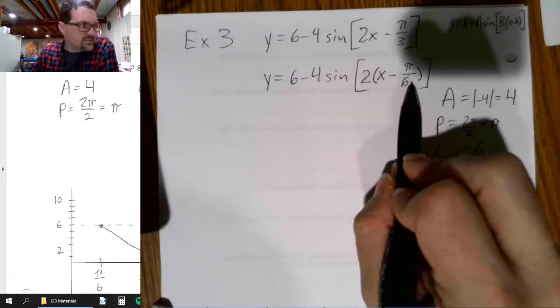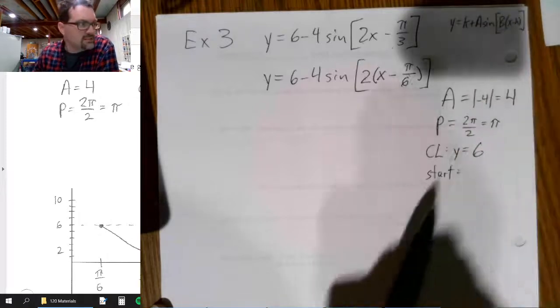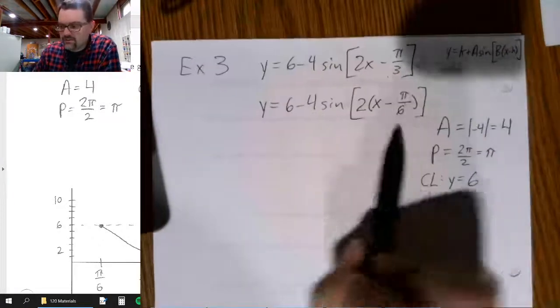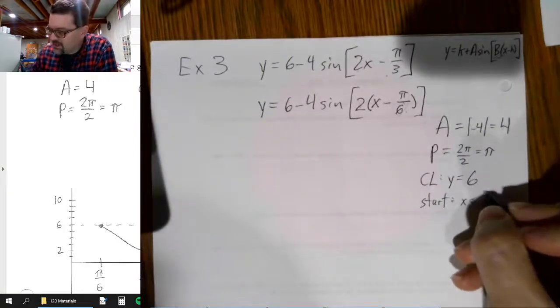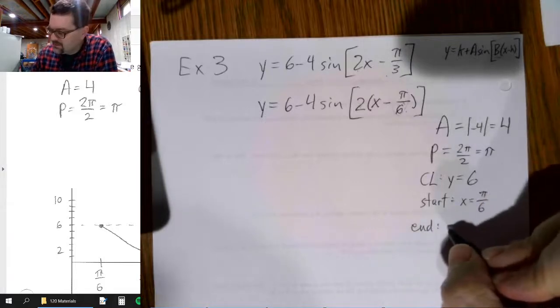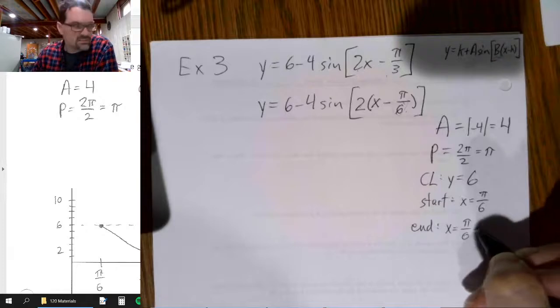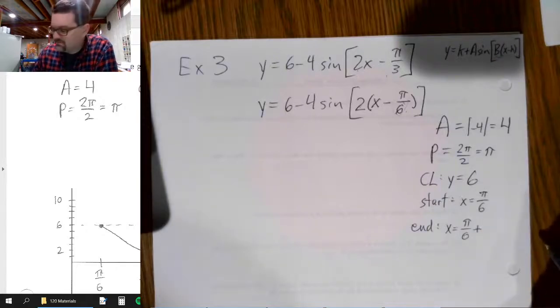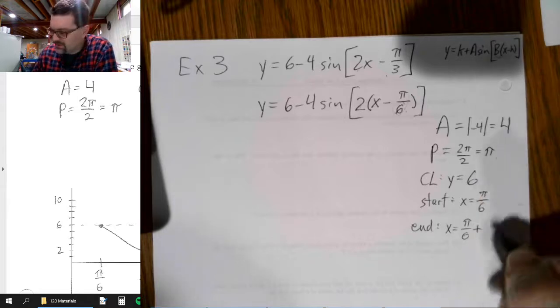And here's our h. Remember the basic form is x minus h. Here we have x minus pi over 6, so we're going to start at pi over 6. We will end at the beginning plus the length of one whole cycle, which we nailed down to be pi.